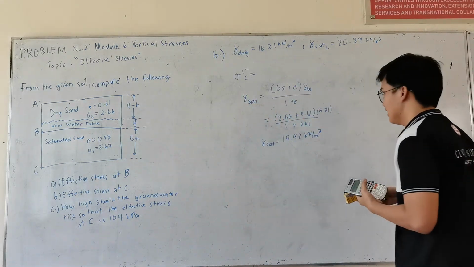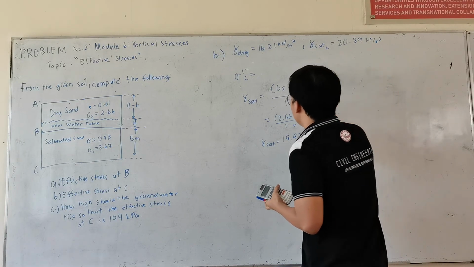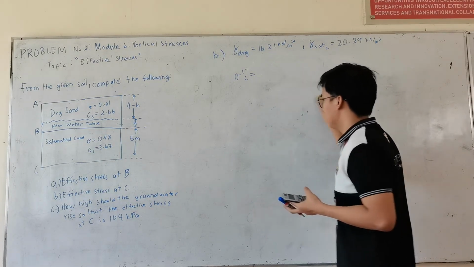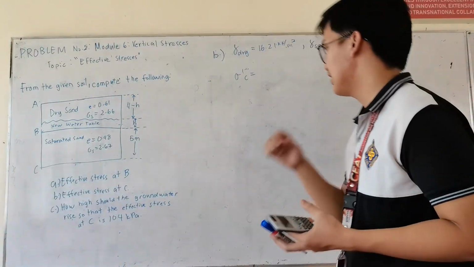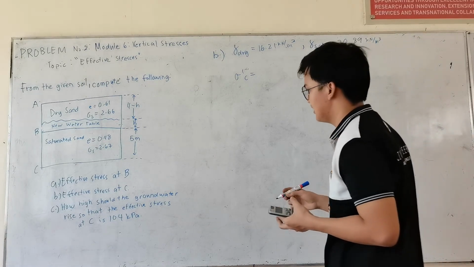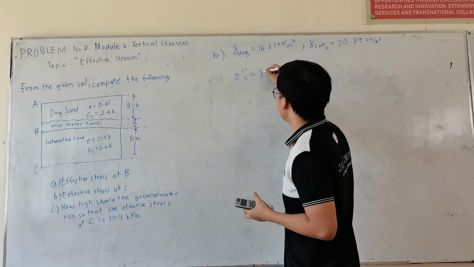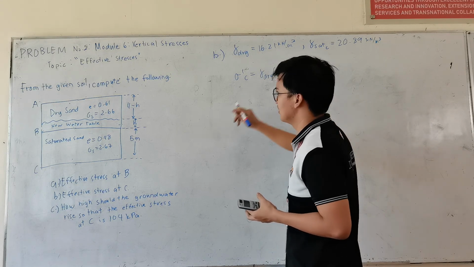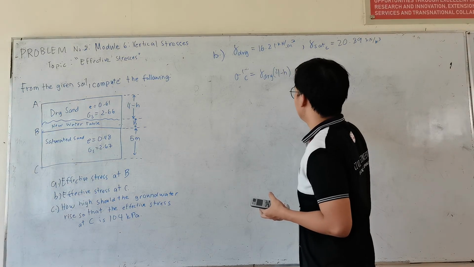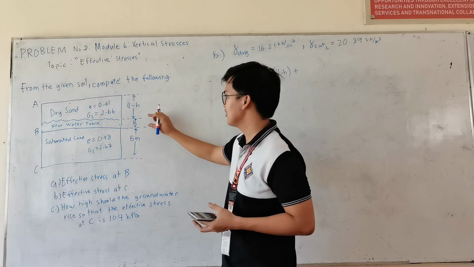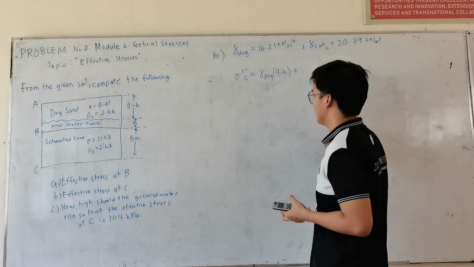Kukunin na po natin ang height sa given na 104 kilopascal sa ating C. So, represent muna natin ang ating mga values. So, y dry times 4 minus H plus, take note na ito ay submerged, so ibig sabihin, ima-minus natin yung unit weight ng water.